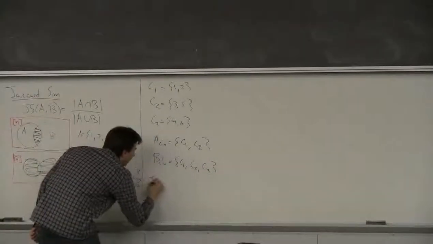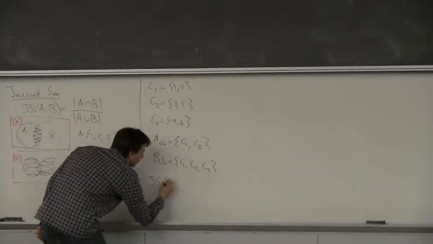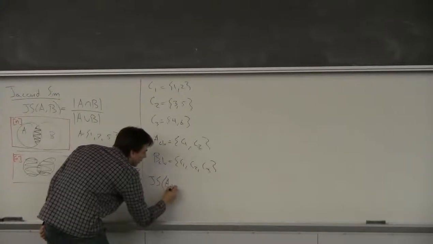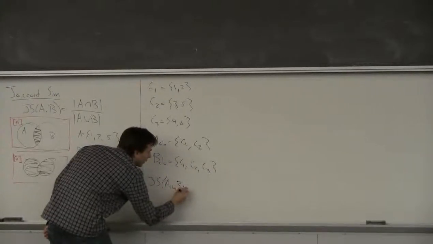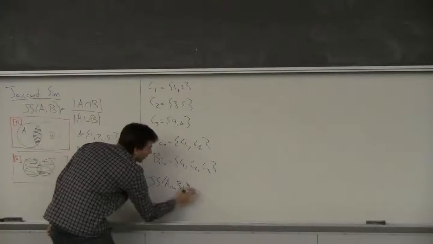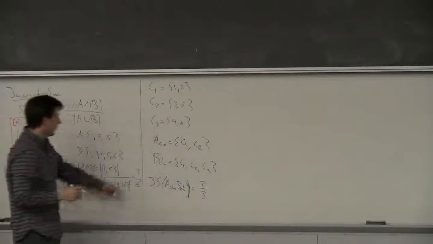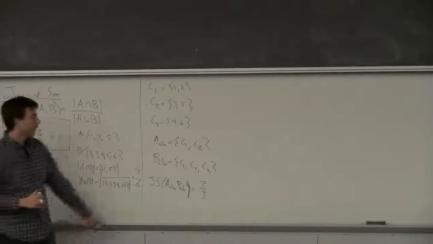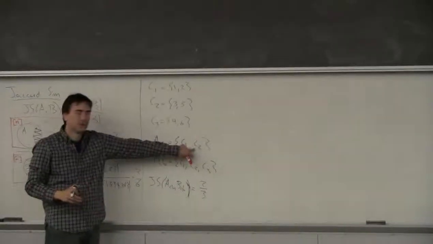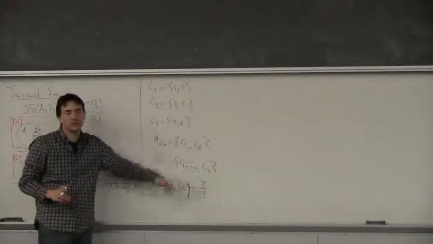So then the Jaccard similarity between A cluster and B cluster is now going to be 2/3 instead of 2/6, because the intersection is these two sets and the union is these three instead.